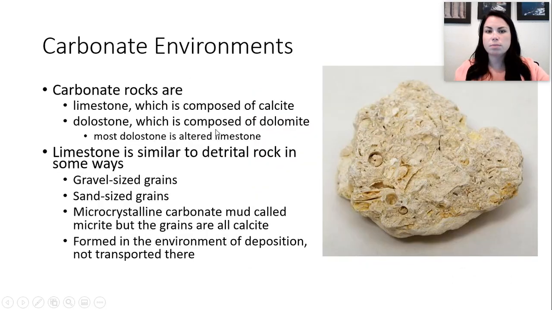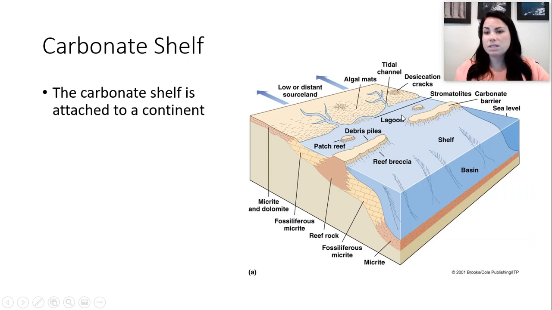This has to do with the presence of limestone and dolostone. And these are typically where we see things like barrier islands with reef systems. And this is where we would see this carbonate shelf. We would have fossils like fossiliferous micrite, and some of these other reef type rocks and the micrite down here as the shelf dips off into the basin.